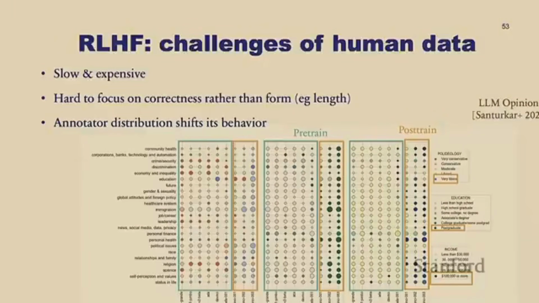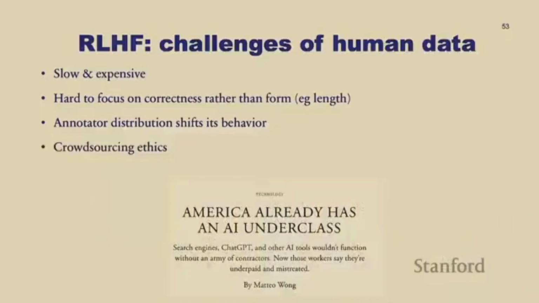And you have to think about which humans we even want to represent in these models. Another question is crowdsourcing ethics. A lot of the labeling that is done, the people who do it are not paid well and they have to go through a lot of toxic data, because you basically want the model to avoid saying the toxic data. So crowdsourcing ethics too.